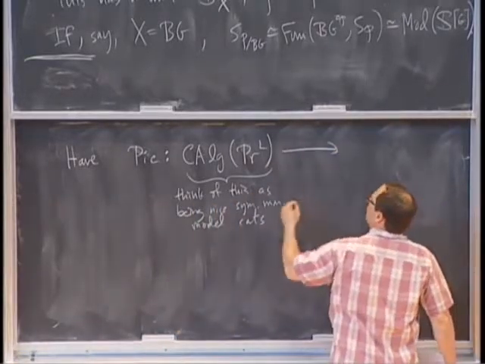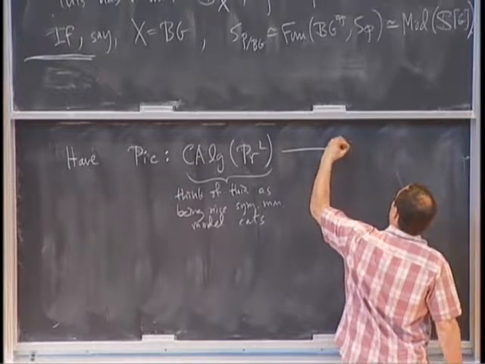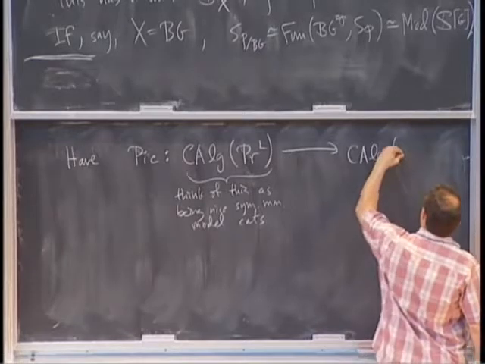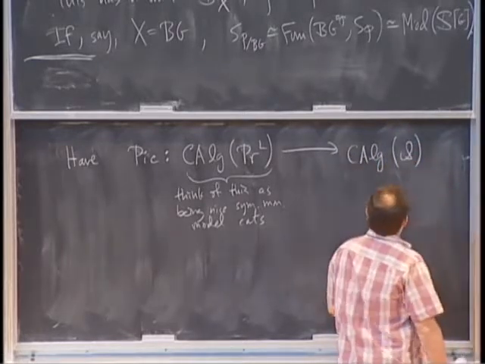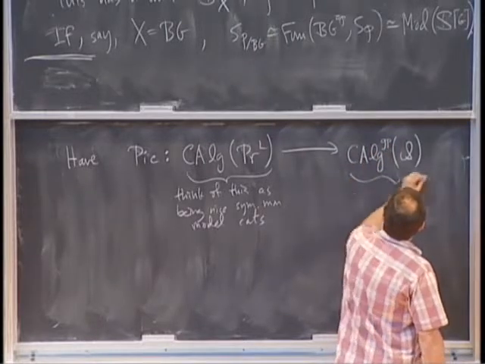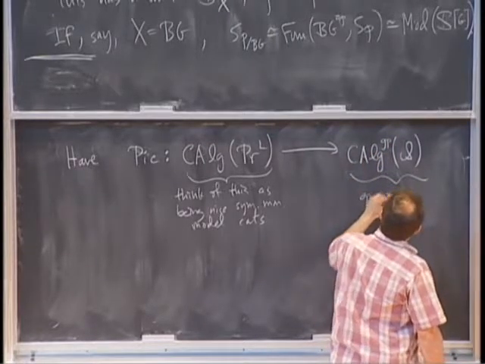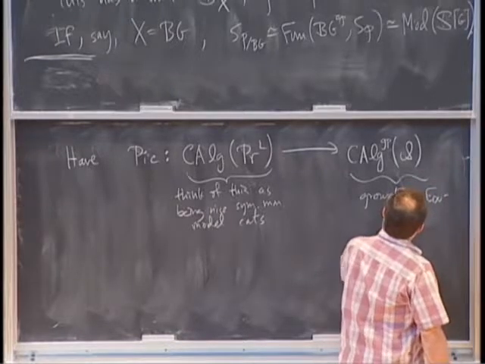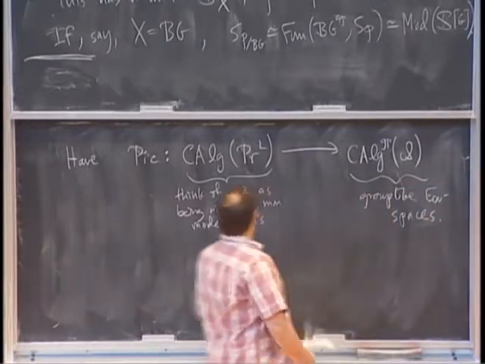And this Picard functor goes to commutative algebras in spaces, which are moreover group-like. So these are group-like E infinity spaces. And what is Pic?